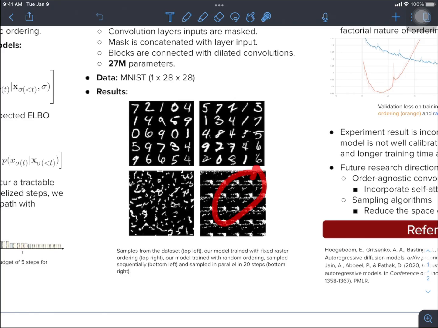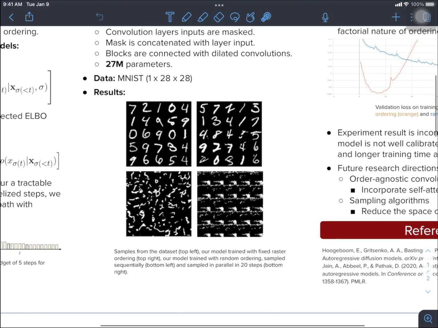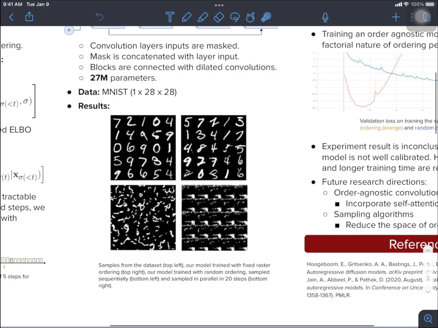And that's why what you see here on the bottom right are samples from my model trained on random permutations and sampled in parallel, restricting the number of steps from sequentially 700 steps to just 20 steps. And the quality is very low because the model is not well calibrated, and the optimal steps end up being taking a bunch of small steps and a huge step that give the same distribution every time.